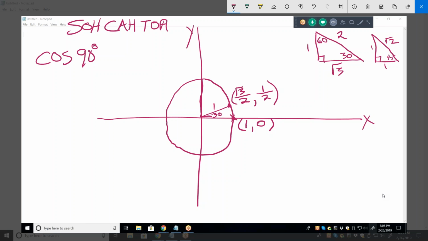Now let's go up and look at the 90-degree angle. Tell me the x and y coordinates of that point. It's the x-coordinate first. Where are you on the x-axis when you're on the y-intercept? Always.